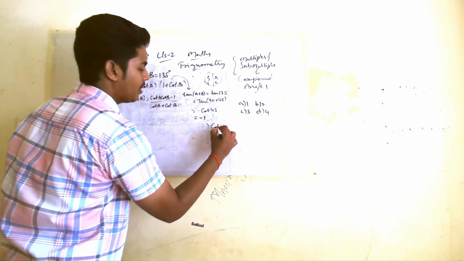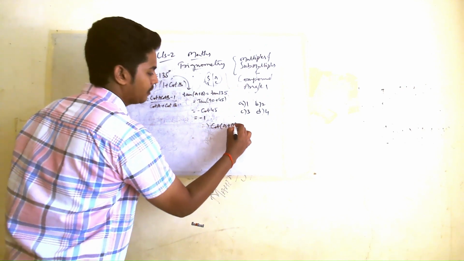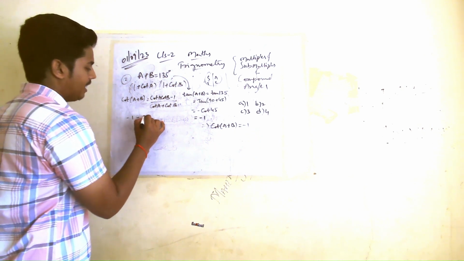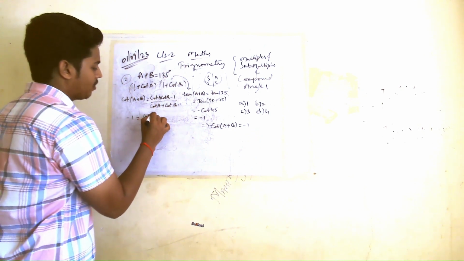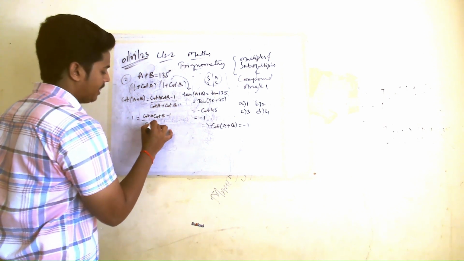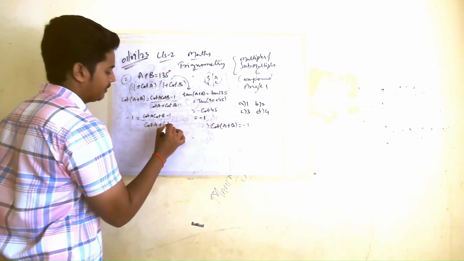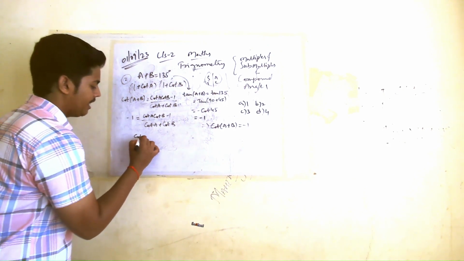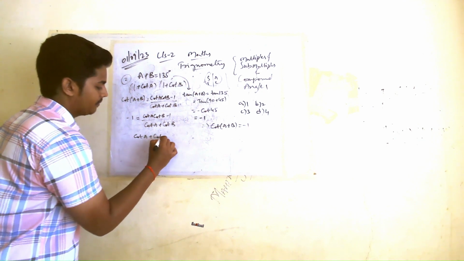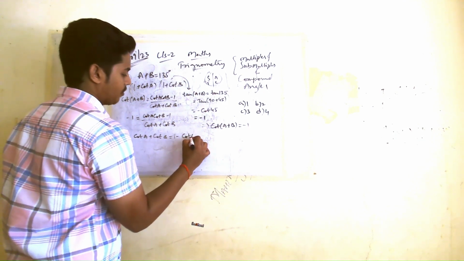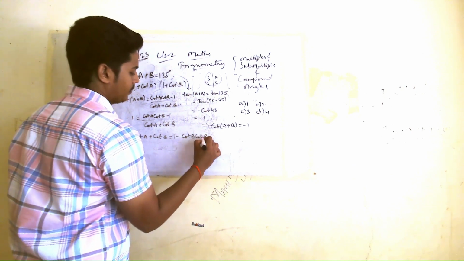So here you can write cot of (A plus B) is also minus 1. I will substitute minus 1 here, and I will write the same formula, (cot A cot B minus 1) by (cot A plus cot B). Now I will cross multiply here, so I get cot A plus cot B is equal to 1 minus cot A cot B.